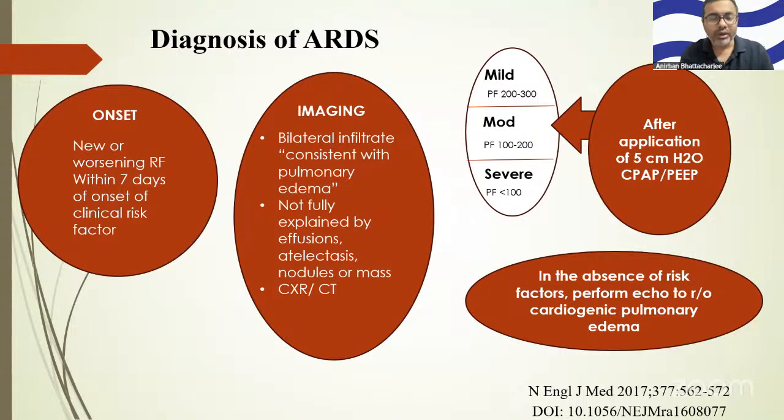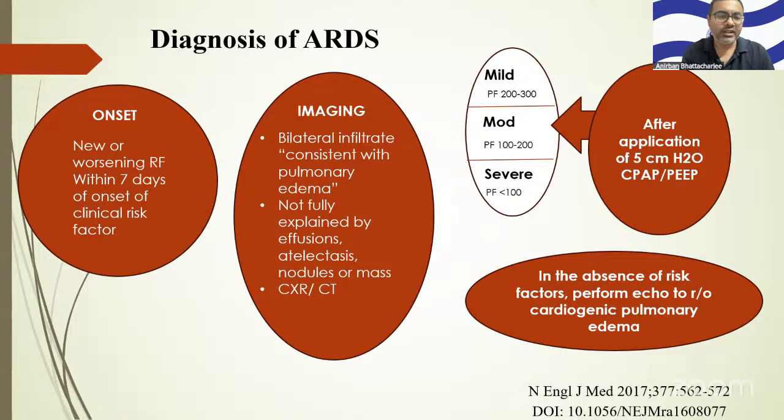You also need to have imaging to support your diagnosis. Specifically, it has to be a bilateral infiltrate consistent with pulmonary edema not fully explained by effusions, atelectasis, nodules, or masses. You can do that on the basis of a chest X-ray or a CT scan as per the Berlin definition. Now, the severity of hypoxemia is measured by the PaO2/FiO2 ratio.